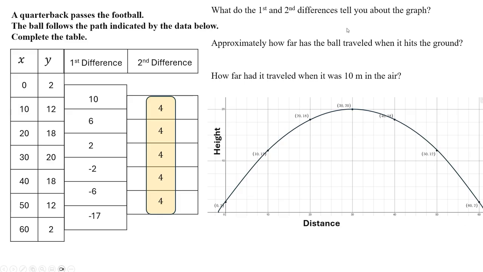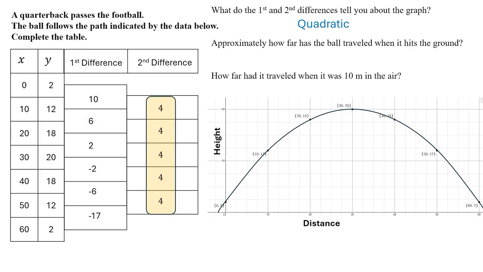And the question's up here, what do the first and second differences tell you about the graph? Well, because the first differences are not the same, it tells us it's not linear. Because the second differences are the same, it tells us that the relation or the graph is quadratic.